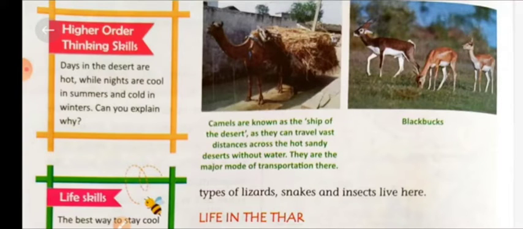But in winter there is less sunshine, so it loses temperature and is very cold. So this region is very hot during the summer season and has very low temperatures in the winter season.